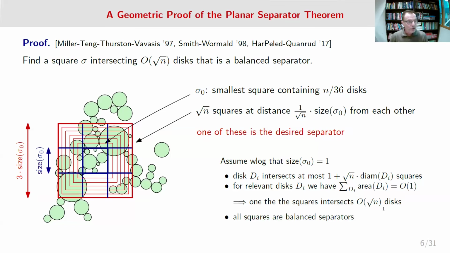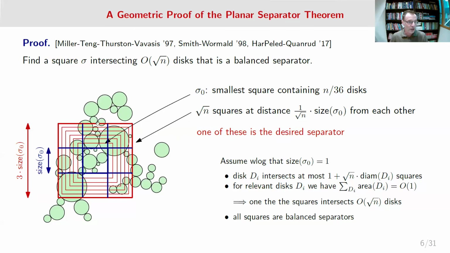Now, the second thing is that I need this square to be balanced, meaning I do not want almost all disks inside, and I do not want almost all disks outside. But that actually holds for any of these red squares. Why is that? Remember that this small square in the middle contained at least n over 36 disks.